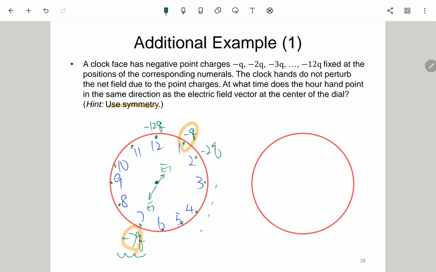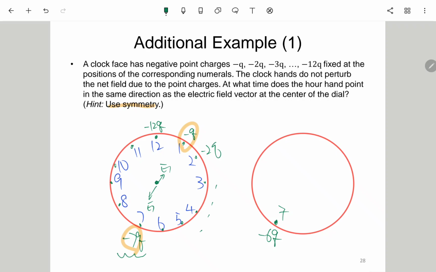okay, you can consider that at 7 it only has a negative 6q. Okay, so if you consider negative q and negative 7q, it is the same as considering negative 6q at 7, so it will generate the same thing.